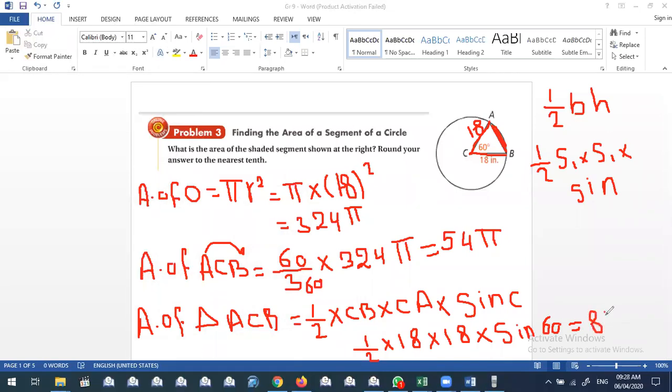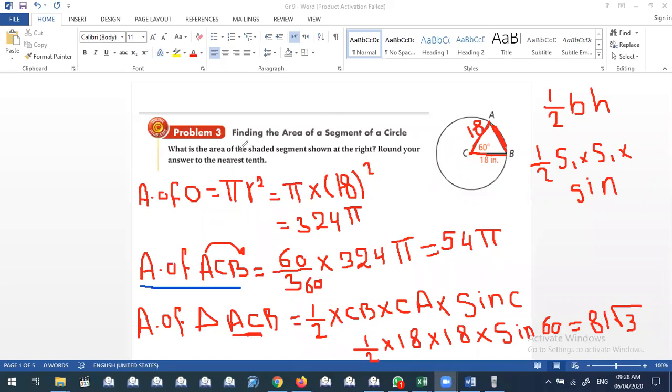Now we have the area of the triangle, and also we have the area of the sector. So make them minus to find the area of the segment. It will be area of the sector minus area of triangle: 54 pi minus 81 square root 3.